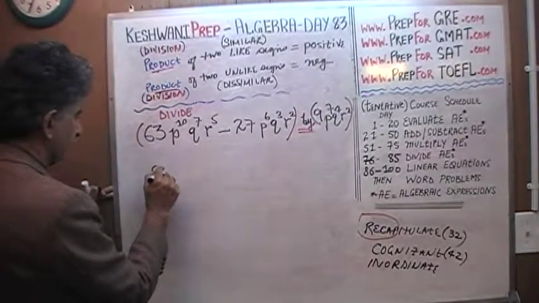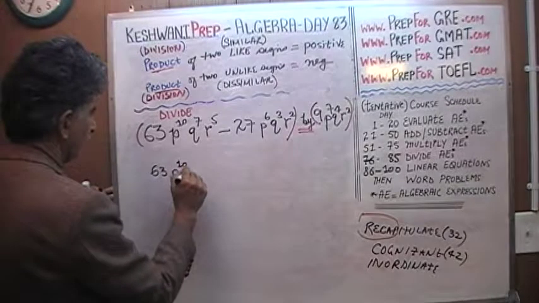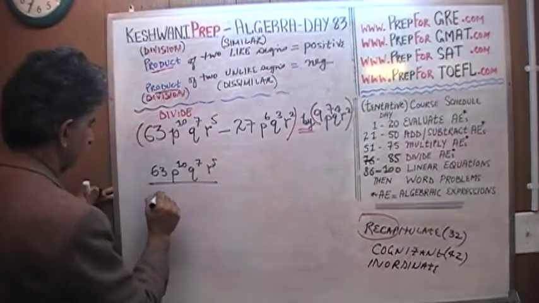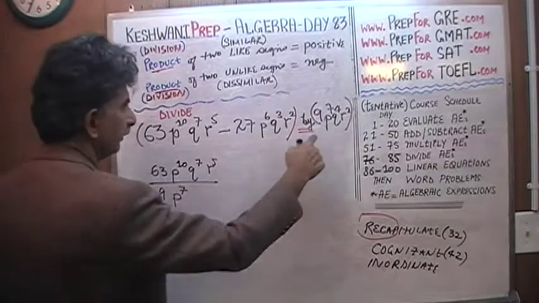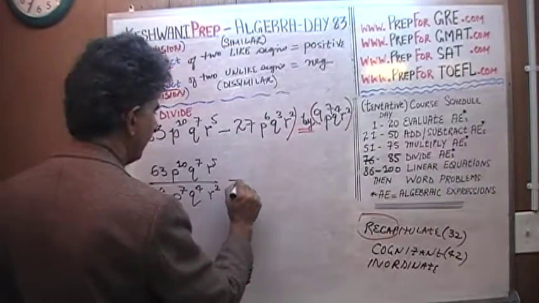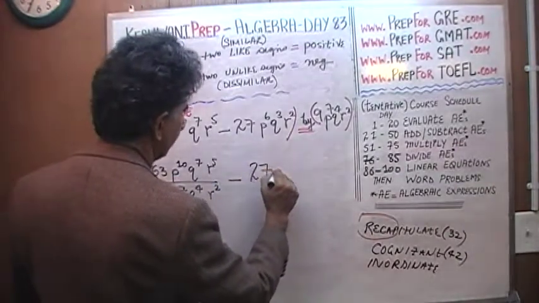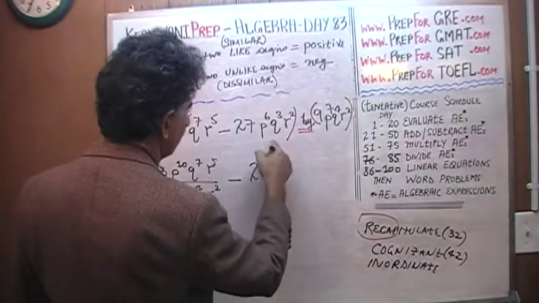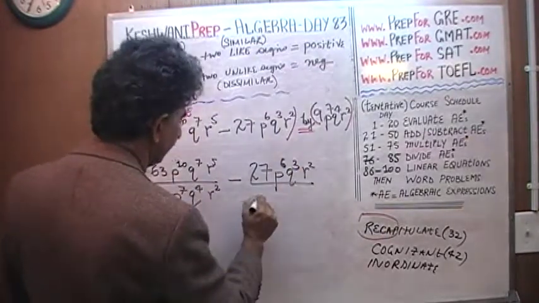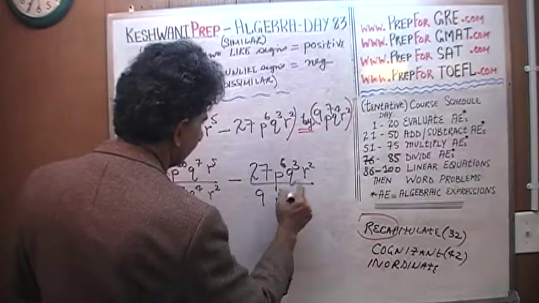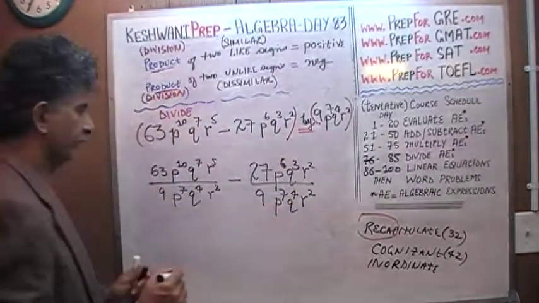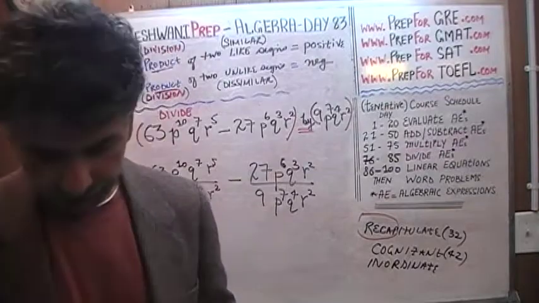So we have 63 p to the 10 q to the 7th r to the 5th over this guy 9 p to the 7th q to the 4th and r squared, minus, this minus comes down, 27 p to the 6th q to the 3rd r squared over this guy 9 p to the 7th q to the 4th r squared. That's how the whole thing looks, and we just have to take care of it.